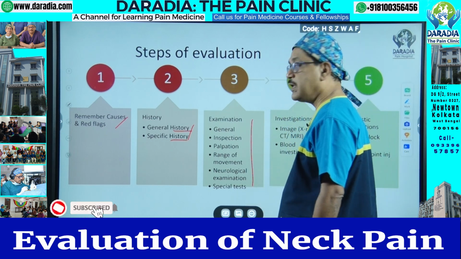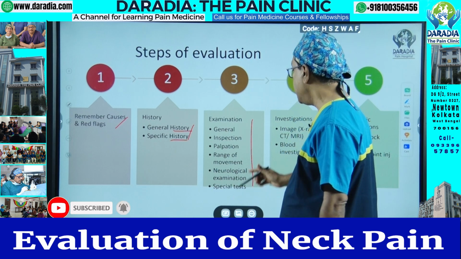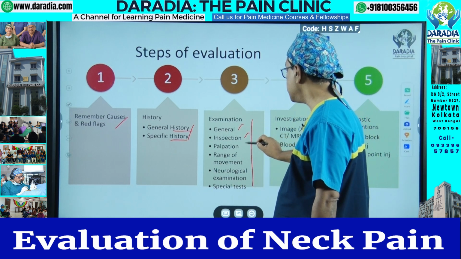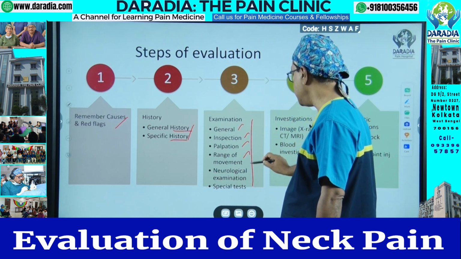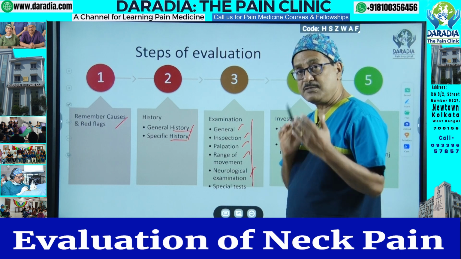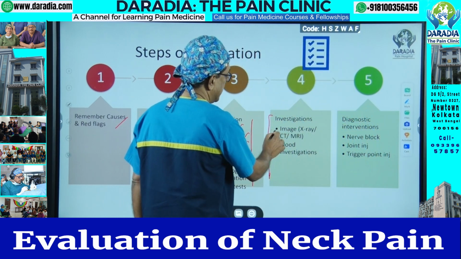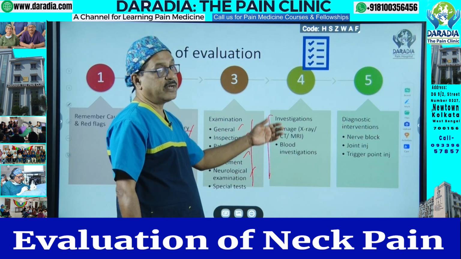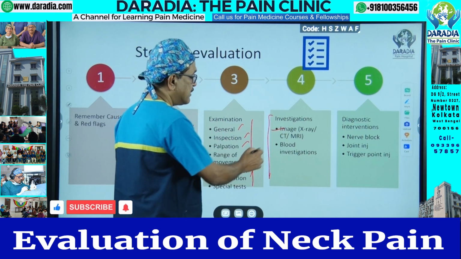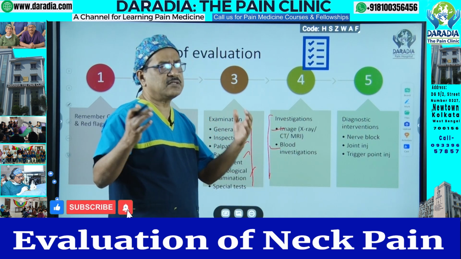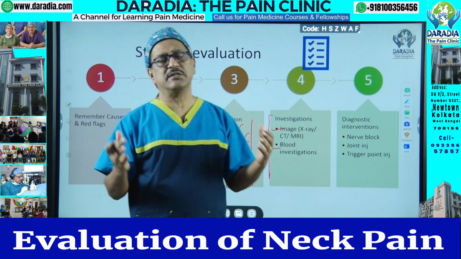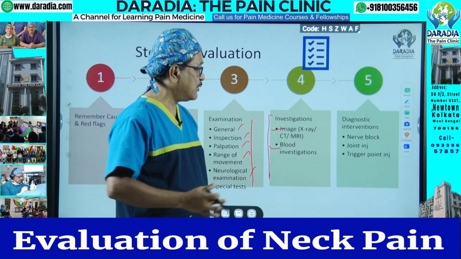General examination is similar for any other kind of evaluation. It starts from the general inspection, palpation, range of movement, neurological examination and special clinical tests. Then certain investigations: X-ray, CT scan, MRI, these are some images, some blood investigations and some electrophysiological tests and some other tests which complete the evaluation.